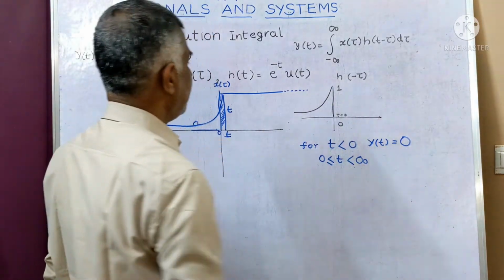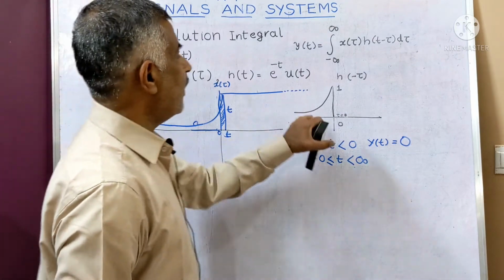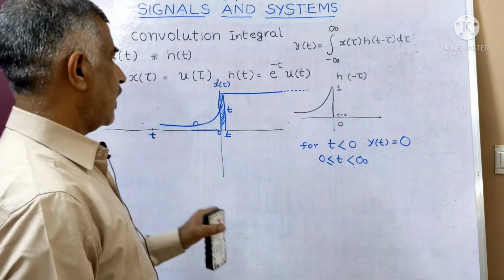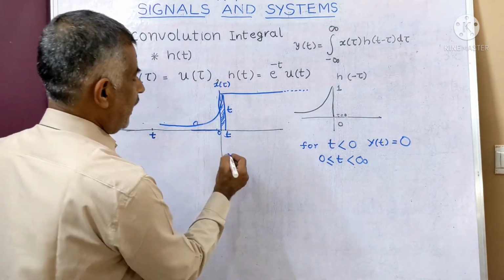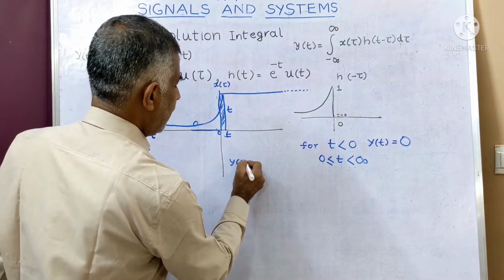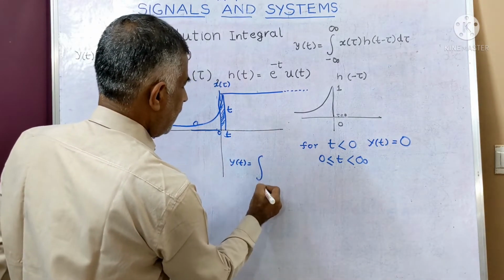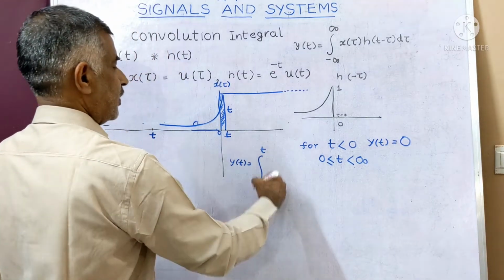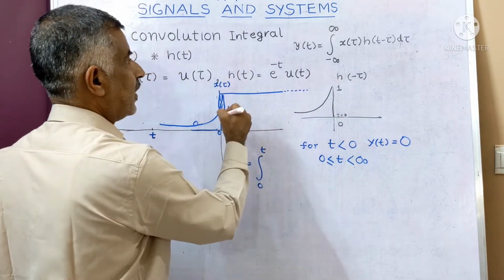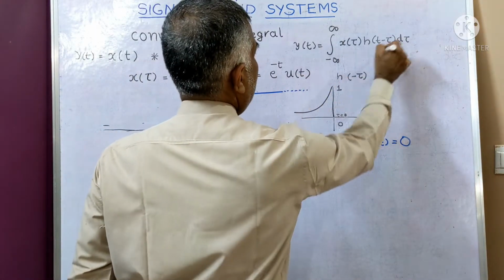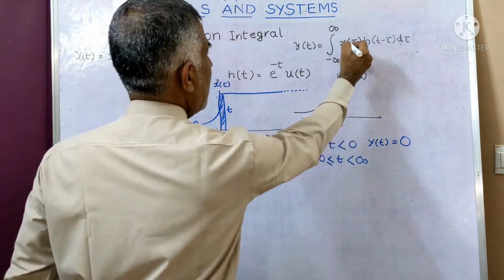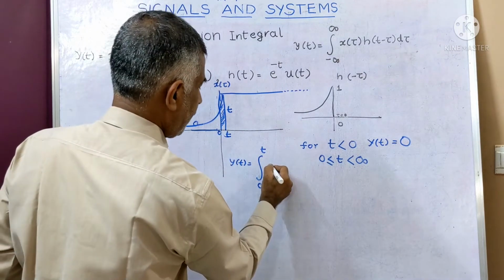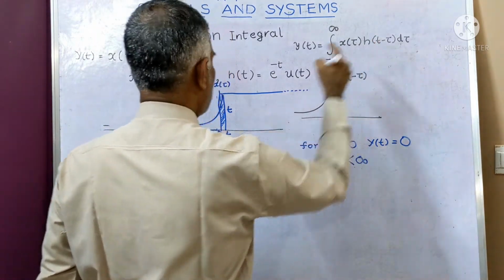Even if you advance it to infinity, there will still be overlapping. That remains the same. That is why y of t is equal to, between the 0 edge and the t edge, the integral of the product term, x of tau is 1 and h of t minus tau.